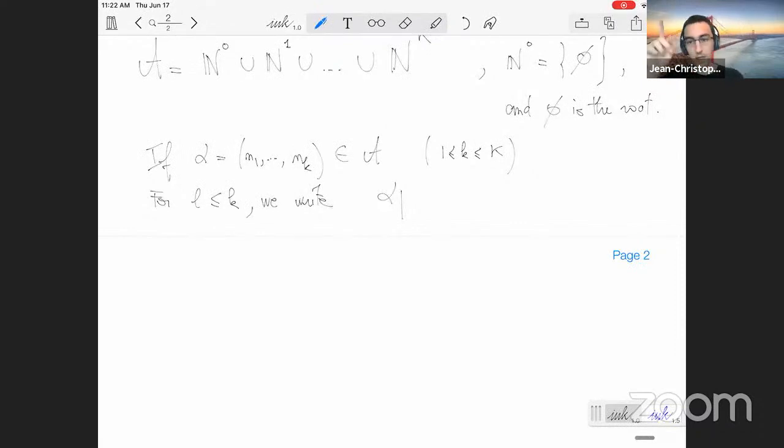I'm going to write alpha, vertical bar L. So for instance, alpha vertical bar k minus 1 is the immediate parent of alpha. Does that make sense?